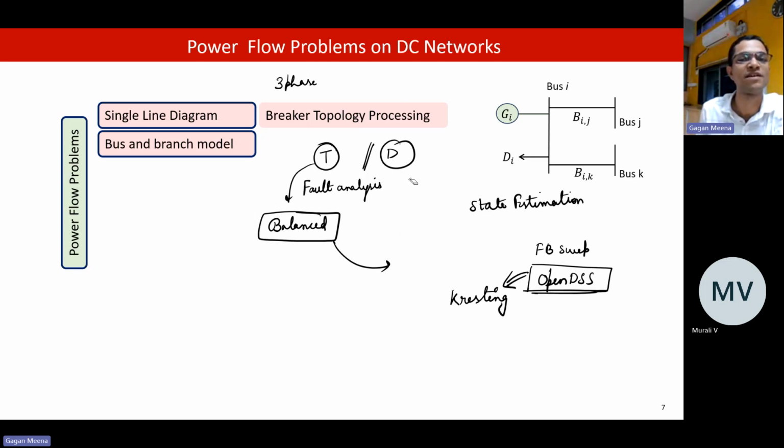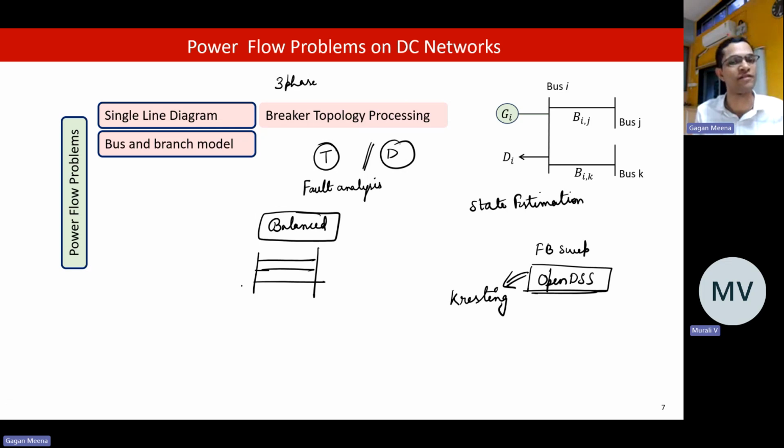We have to consider the unbalance also because at transmission level it is always three phase. It is not that between two buses there is only one phase, and between this and this bus there are two phases or three phases.